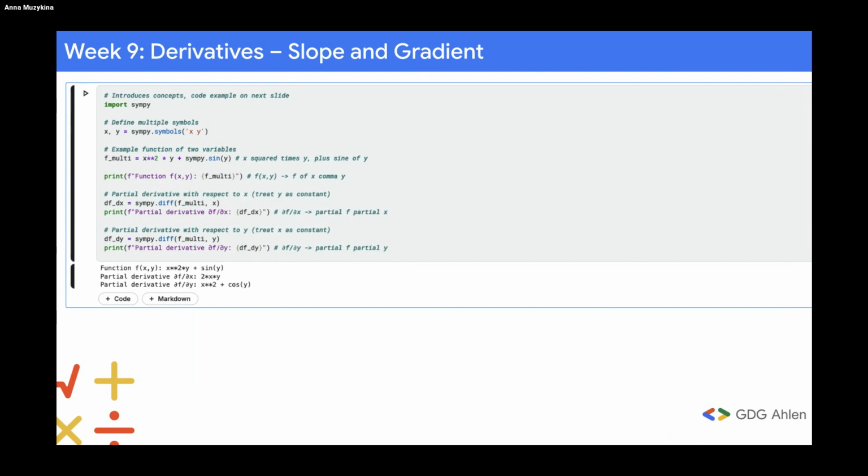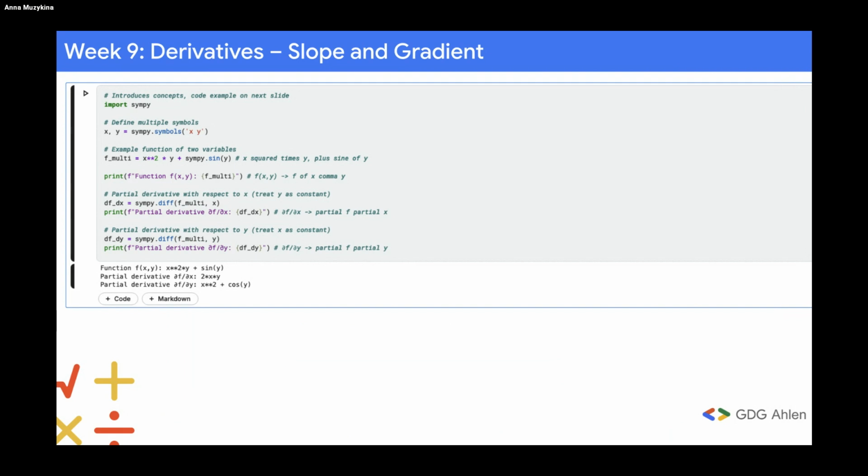To find the partial derivative with respect to x, we use sympy.diff of f_multi and x. Sympy treats y as a constant, giving 2 times x times y. The derivative of x squared is 2 times x, and y is a constant multiplier. The derivative of sin y with respect to x is 0.